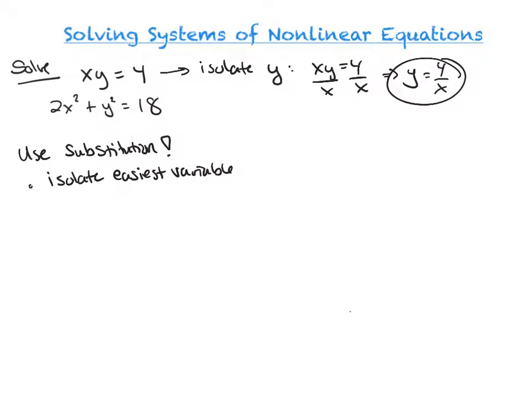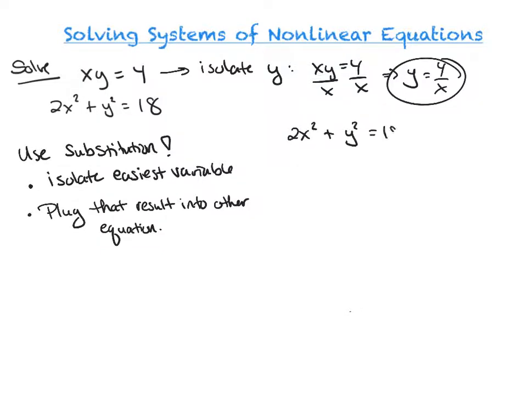Okay. After we isolate that variable, then we substitute or plug that result into our other equation. So we're going to take y equals 4 over x and we're going to plug it into 2x squared plus y squared equals 18.